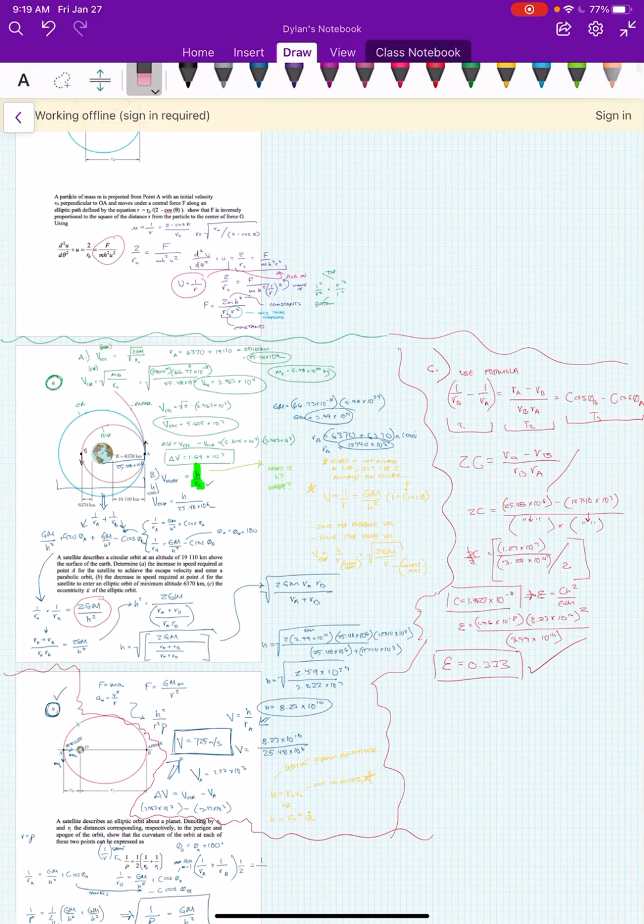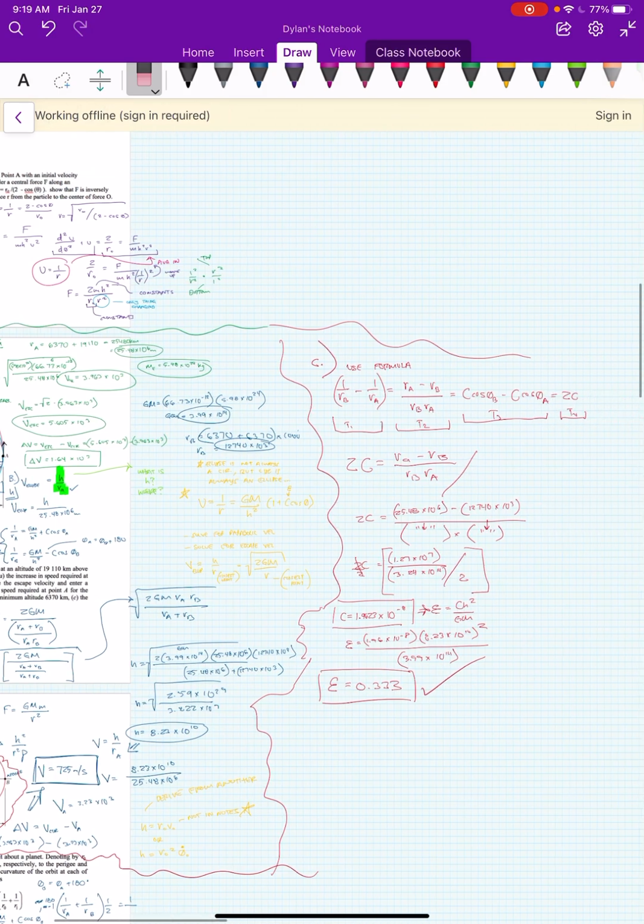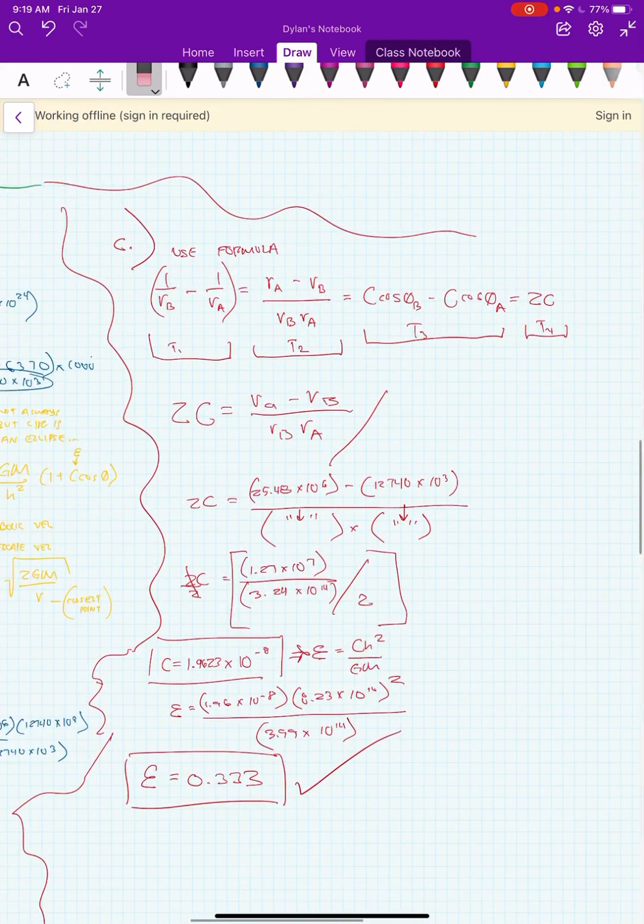Part C, it asks for the eccentricity of the elliptical orbit. Solving number 9 really helped me understand 8, so I probably should explain that better, but I know that there's a relationship between these 4 things.